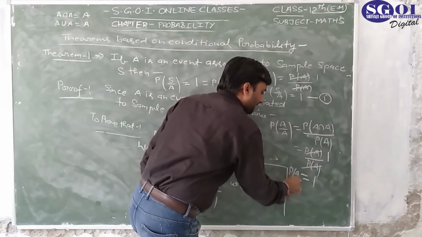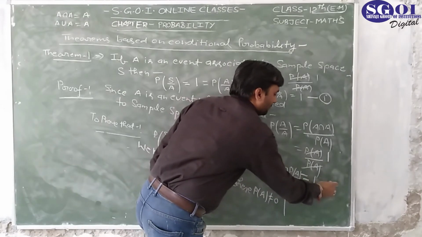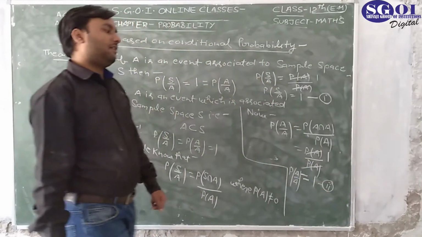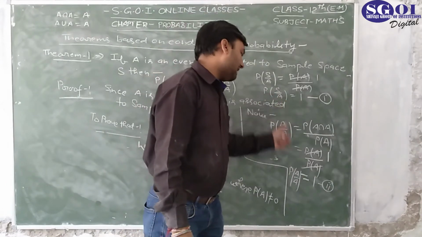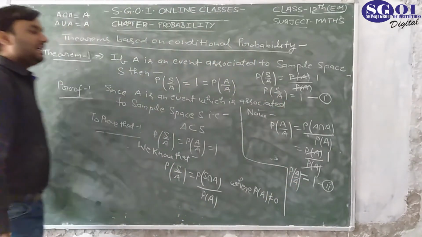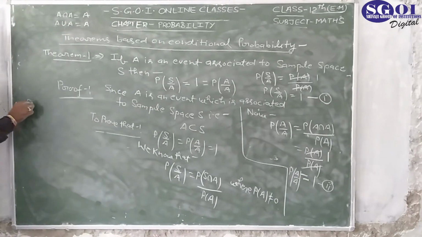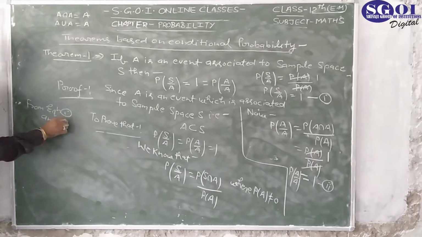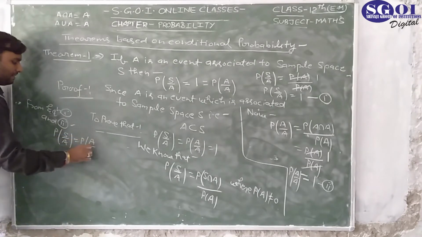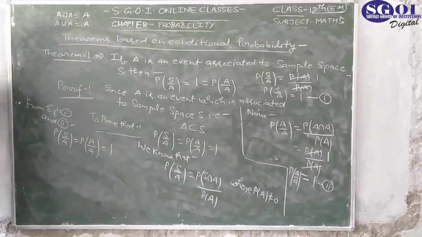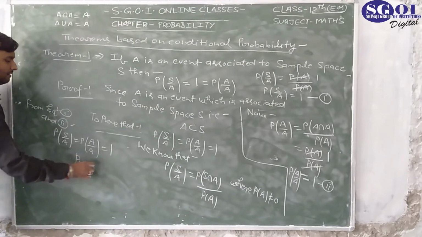So probability of A by A is also equal to 1. So from equation first and equation second, we observe that probability of S by A and probability of A by A are equal to 1. Probability of S by A is equal to probability of A by A is equal to 1. This theorem is proved.